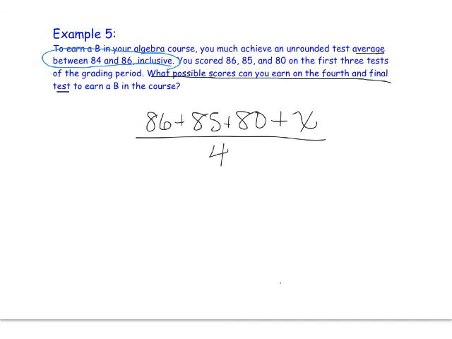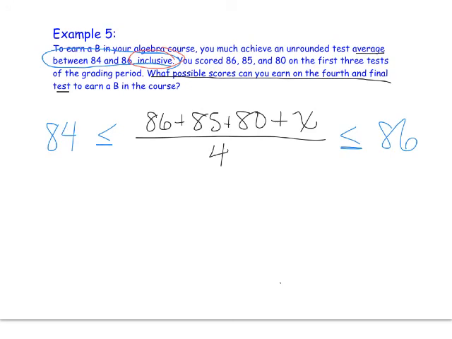Between 84 and 86 can be expressed this way. And the word inclusive just means that we are going to include 84 and 86 in these boundaries. So 84 is less than or equal to this average, and that has to be less than or equal to 86 in order to get a B.